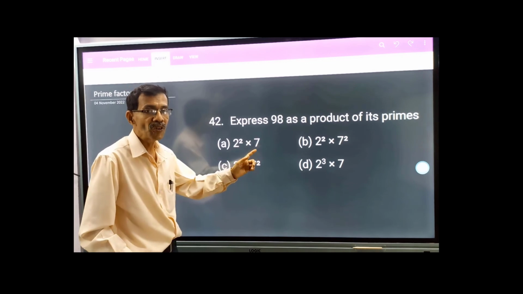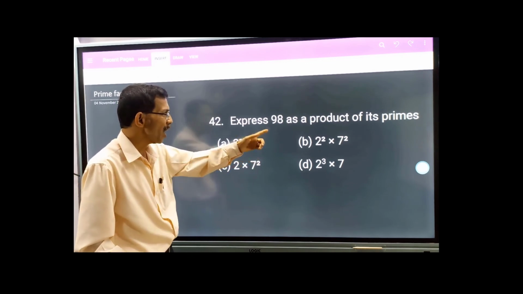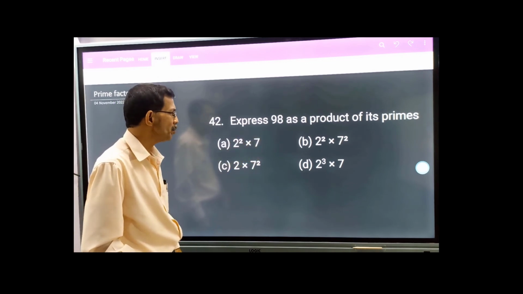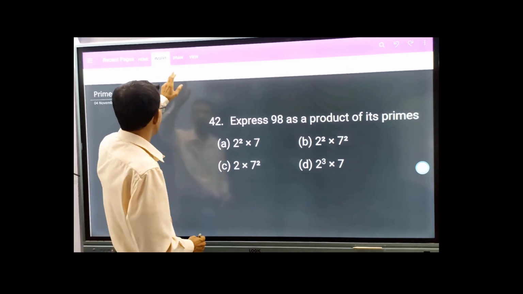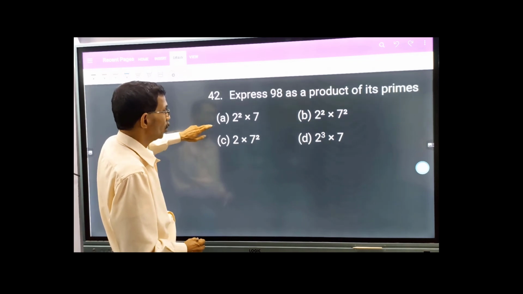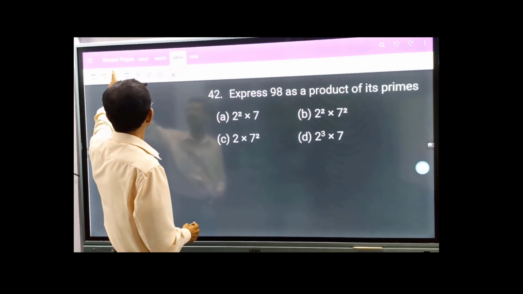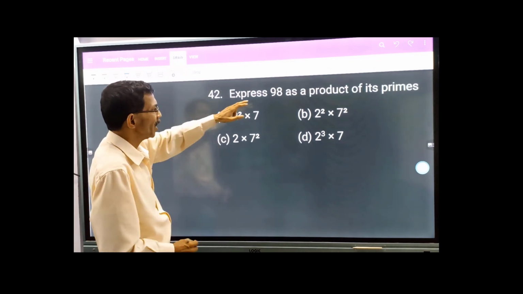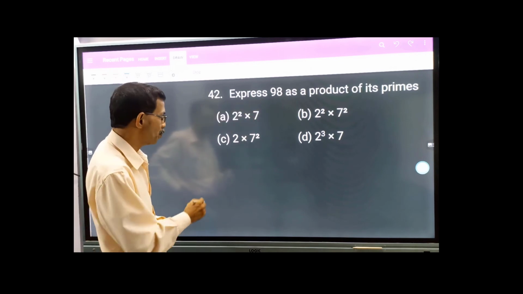In this section, we will find out how to find the primes of a given number. This is a question: Express 98 as product of its primes.